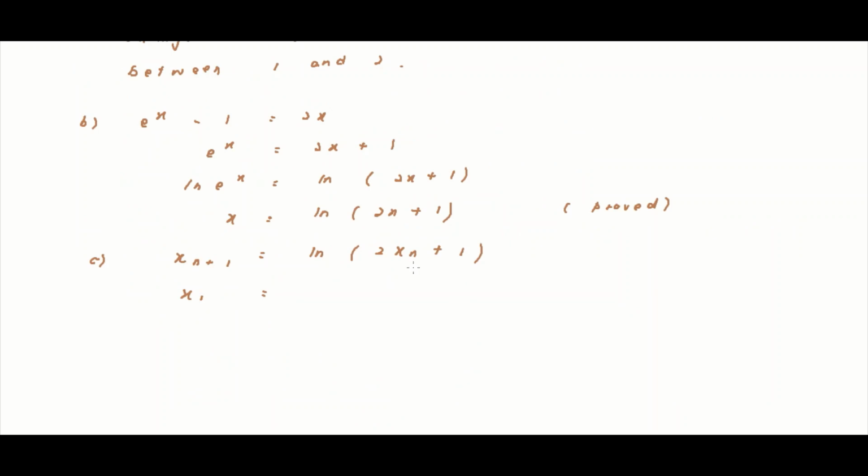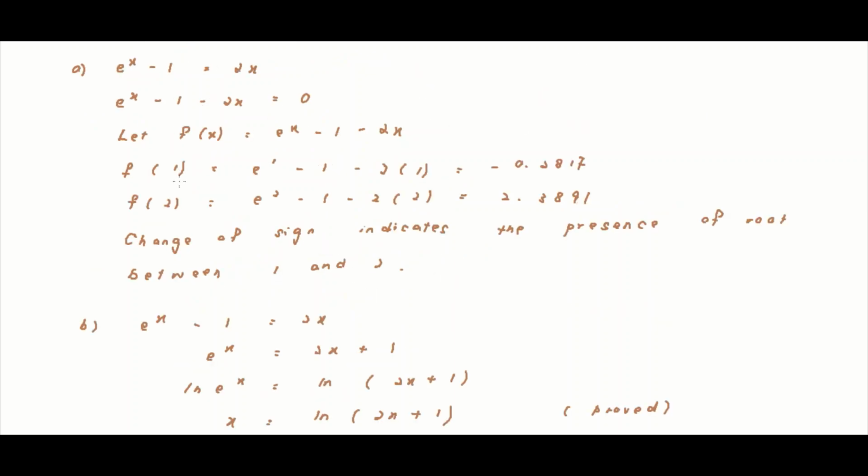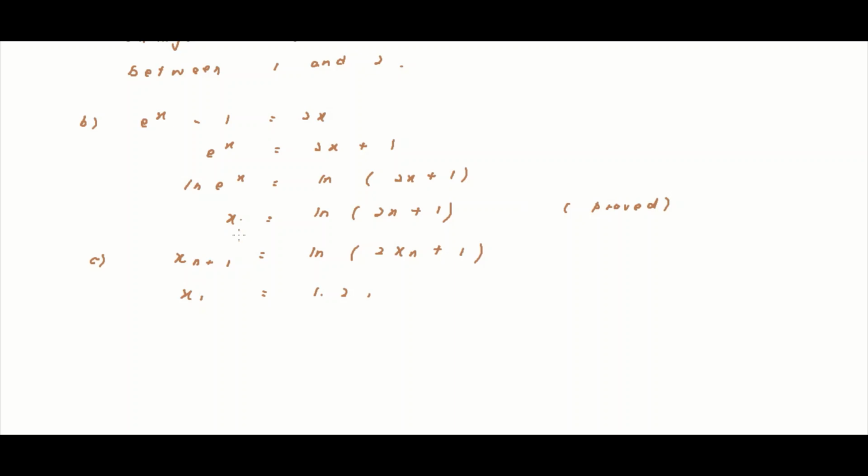So in this case, I might start with maybe 1.2. Okay, so this is a number that is nearer to 1 and further from 2, because you can try to imagine the whole situation in a graphical approach. But like what I said just now, if you start from 1.8 also, you will still get the exact same answer.